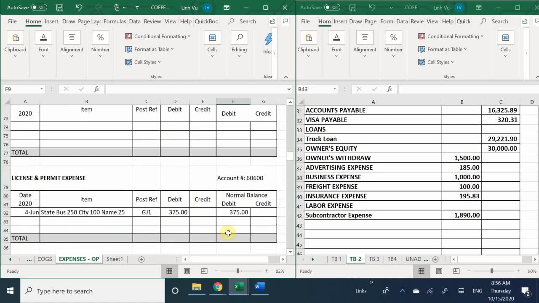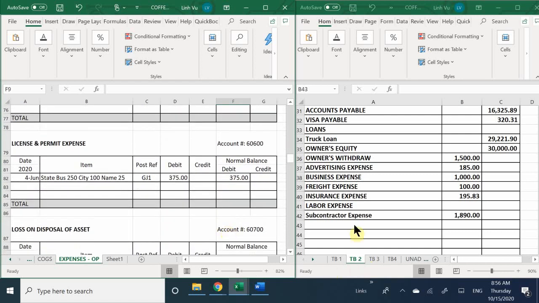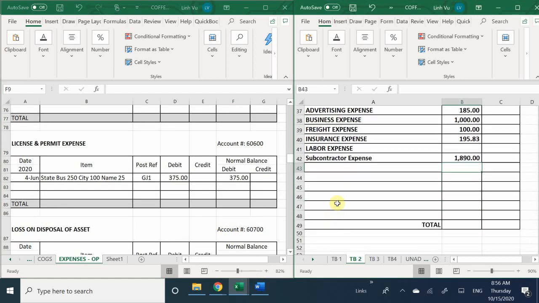All right. Then the next one is license and permit expense. Yes, we do have a license and permit expense, for $375.